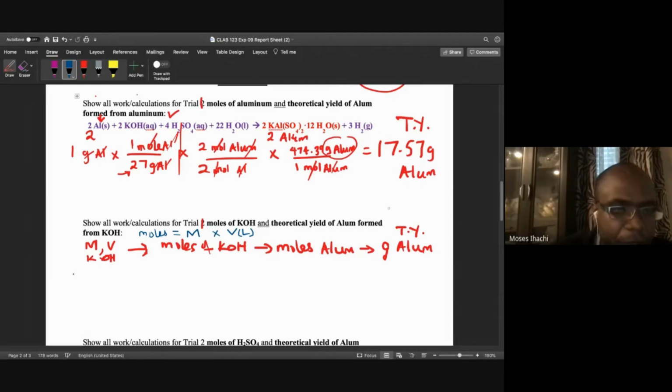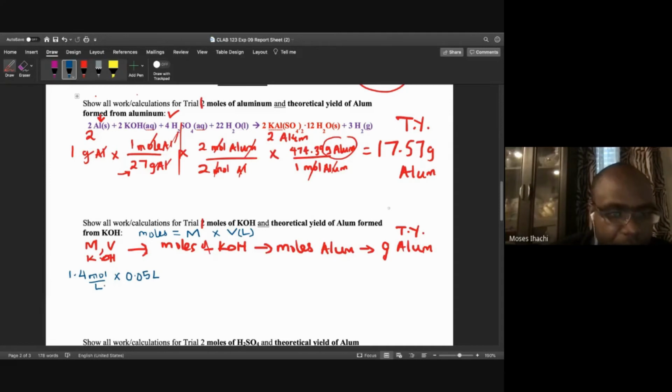So we know that the molarity is 1.4 moles of KOH per liter. We know that the volume was 50 ml, so divided by 1,000 is 0.05 liters. Most of you had a problem with that whenever you were doing your experiment 7 reports. You don't know how to divide it.